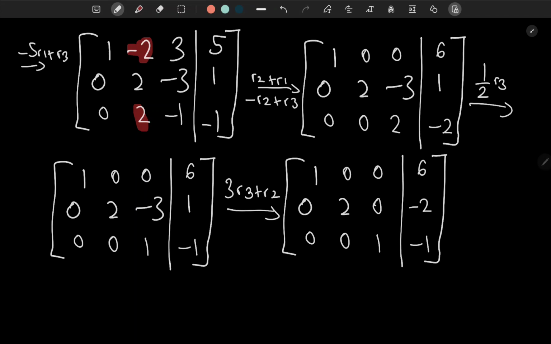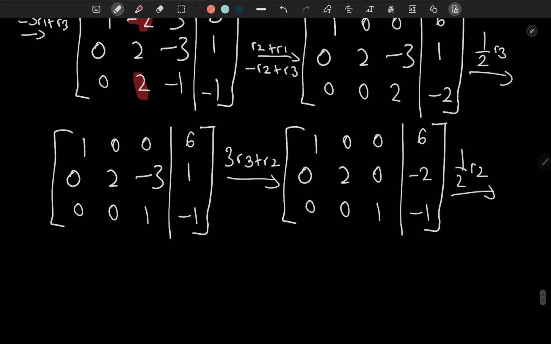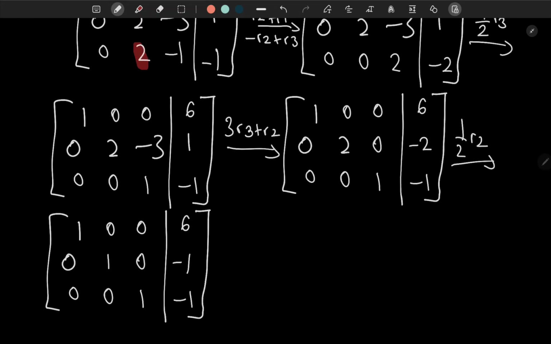And now the last step is to divide the second row by half to get this 2 into 1. So let's do that now: 1 over 2 R2, and the final matrix will be as shown below.